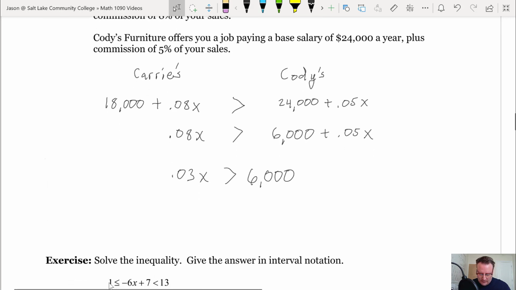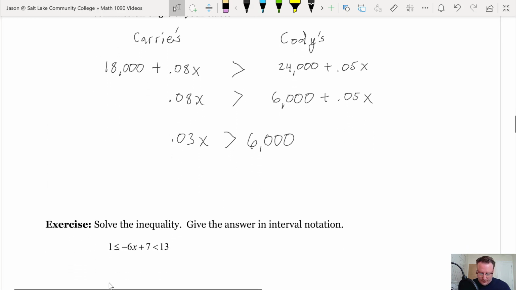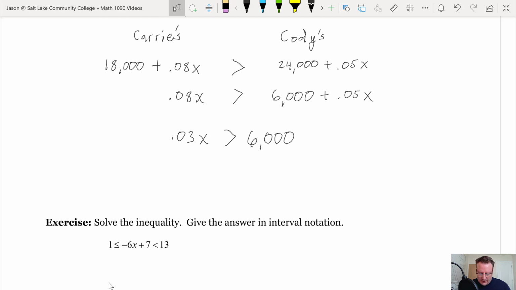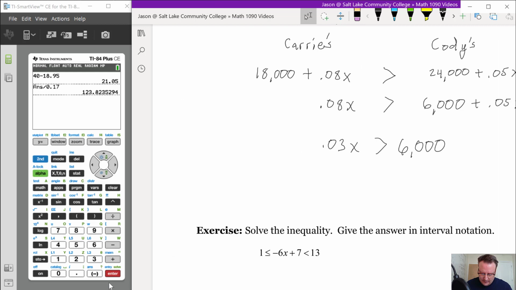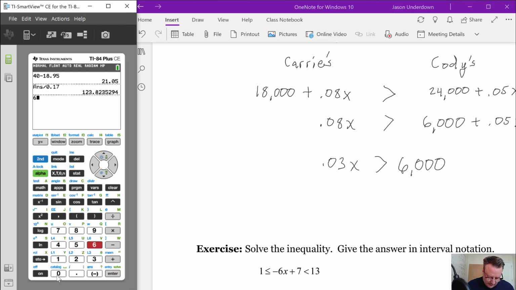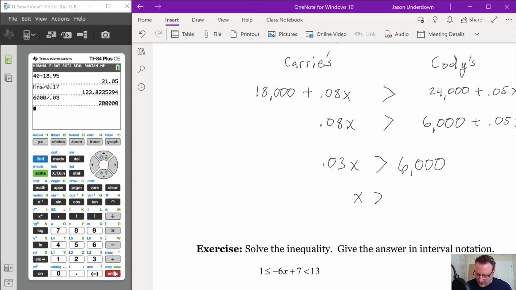That's what we want to solve. So I want to divide both sides of the inequality by 0.03. I think I'll use the calculator again. 6,000 divided by 0.03 is 200,000. So X has to be greater than $200,000.